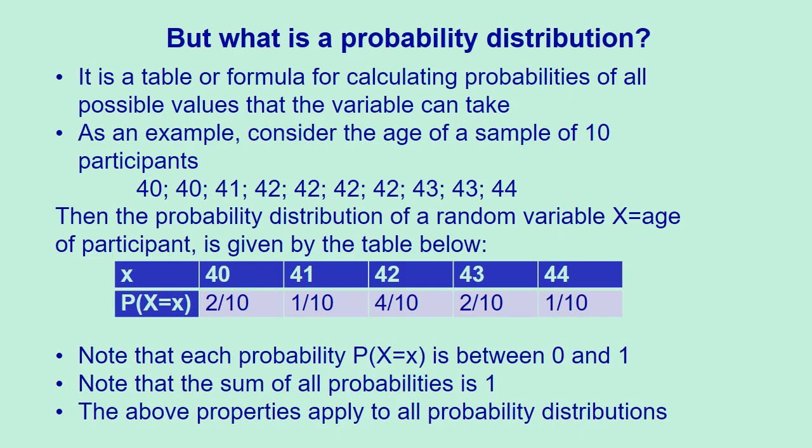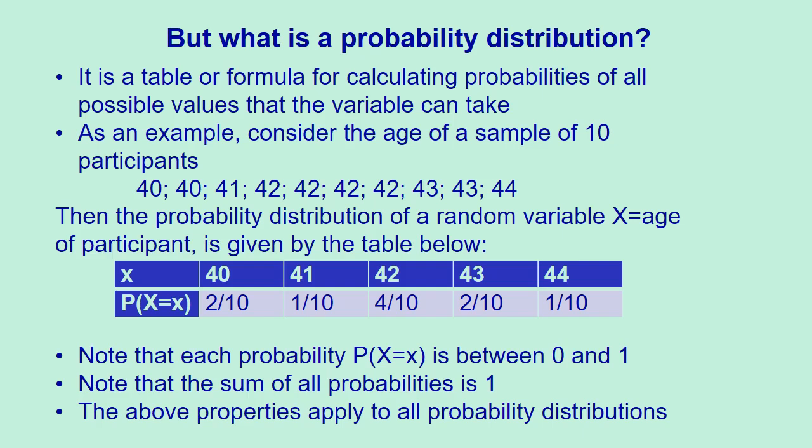There are 2 people aged 40 years, 1 aged 41, 4 aged 42, 2 aged 43, and 1 aged 44 years. The probabilities for each age, denoted by P of x equals x, representing probability that X is equal to x, are given in the table.